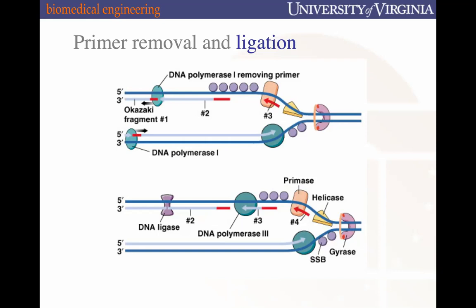Each bubble will have 2 replication forks, and so looking at the top half of this figure, the bottom strand, going towards that fork, it's the leading strand. If our reference point is the fork on the left side of the bubble, it's actually the lagging strand, and so there are going to be Okazaki fragments on the left, and DNA polymerase 1 will replace the primer there, and DNA ligase will then fuse them, anneal them together. Does that help me answer the question? Great.